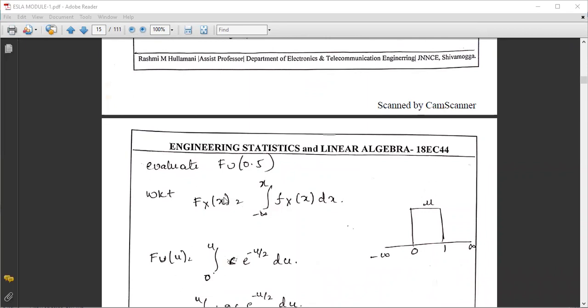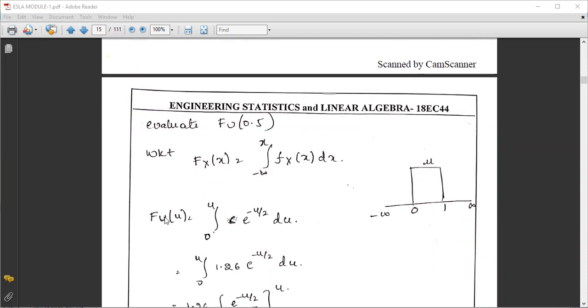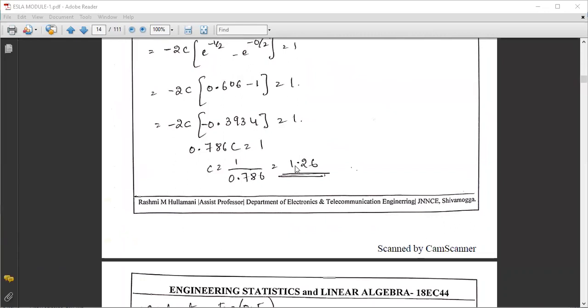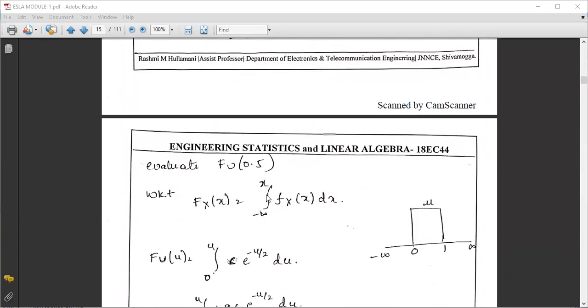The definition says F_X(x) is the integral from minus infinity to x of f_X(x) dx. Here the random variable is u, therefore F_U(u) equals the integral from 0 to u, because the limit says 0 to 1, whereas the definition says minus infinity to x, but here we start from 0, and the value of the random variable is taken as small u.